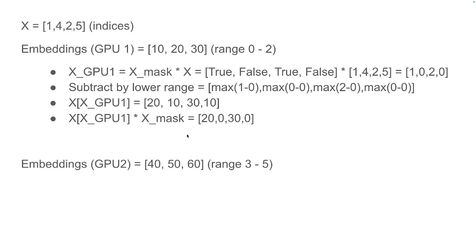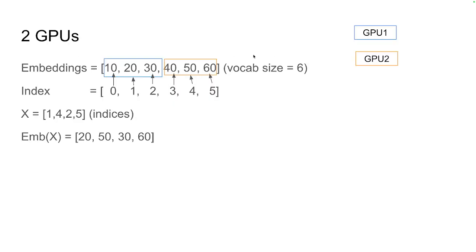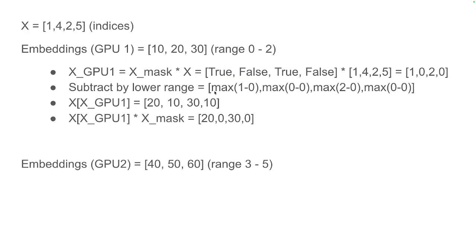For this indices vector x equal to 1, 4, 2, 5, you go to GPU 1, and GPU 1 has the range 0 to 2, so it has index 0, 1 and 2. 3 to 5 is in GPU 2. So this is what I wrote here: embedding GPU 2 is range 3 to 5, and embedding GPU 1 is range 0 to 2.